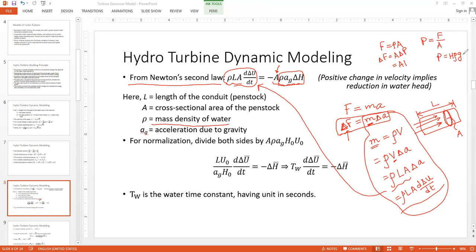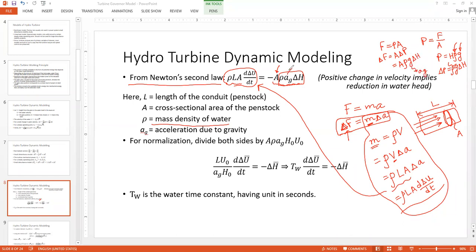Okay, so now which one of these could change actually among these three? Because we are looking for del P. So del P, of course, the density, water mass density is not going to be changed. It is a constant. G, the gravitational. H. Yeah, so it is H. So we should write del P equals rho G del H. So you introduce rho G del H, and this G is nothing but actually AG here.